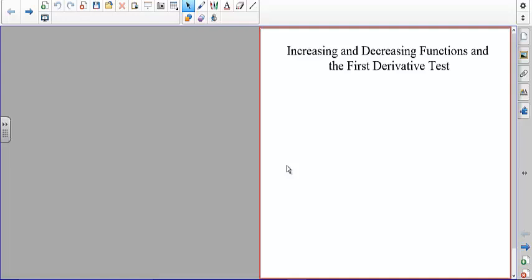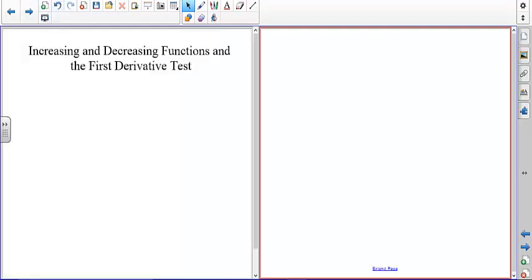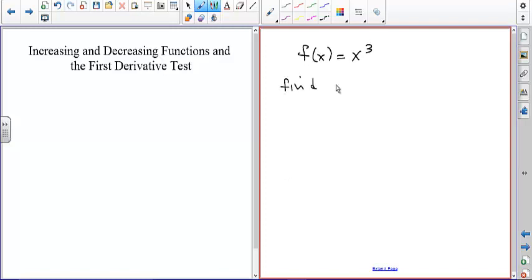But let me just demonstrate one thing here. So let me add a page. Let's say we have the function f of x equals x cubed. If I asked you to find the critical numbers, the critical numbers are where the derivative is equal to 0 or where the derivative is undefined.